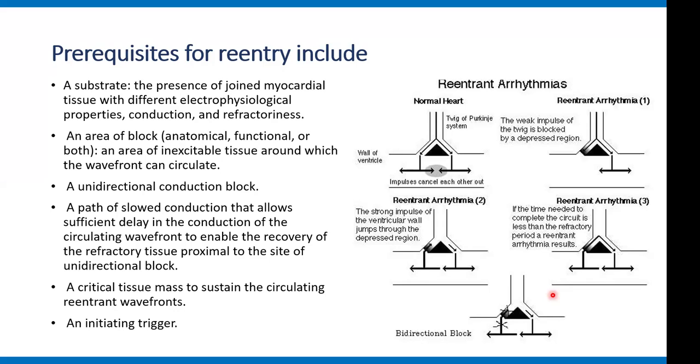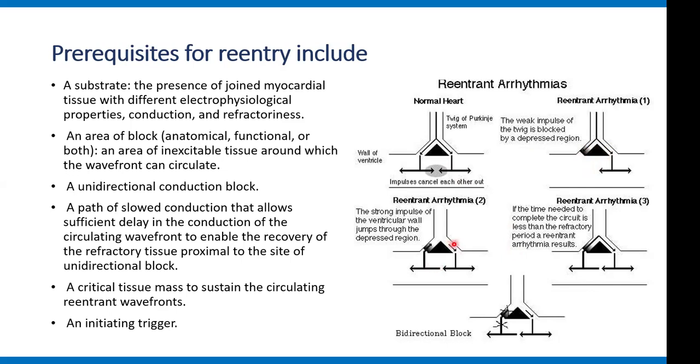So, and then you need an initiation trigger. And in most cases, it's usually an ectopic beat that can trigger some of these things. And so we have examples of these. So this is a block here. So it has to go around. And then if it's unidirectional, it can come through.